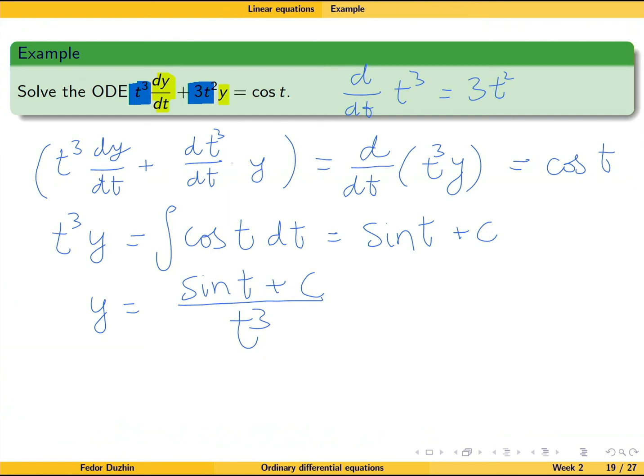But it's not probably clear how we can generalize this to solve all possible differential equations, because the reason we were able to do it is due to the fact that the left-hand side of our original differential equation has this nice form. So it is something times the derivative of the unknown function plus the derivative of that something times the unknown function, and therefore it's the derivative of the product.